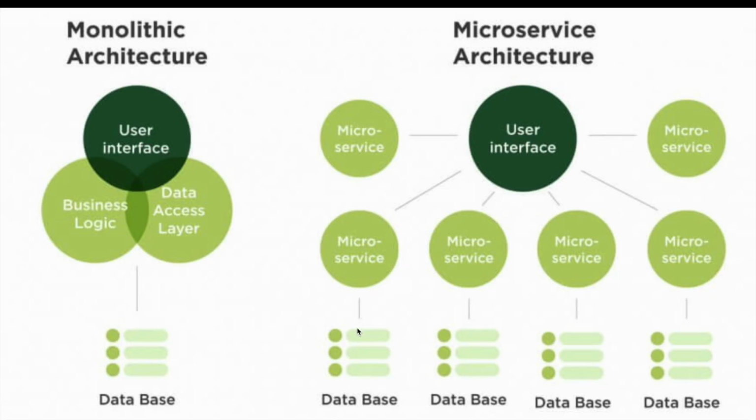And these are the databases. So these databases are related to microservices. Each microservice is combined with its own database. So there are separate databases for all the microservices. In monolithic architecture, only one database will be there for your one complicated application, and one deployment will be done for this application.